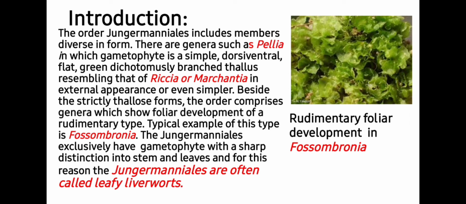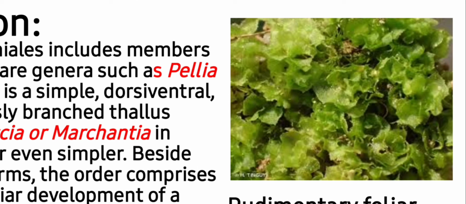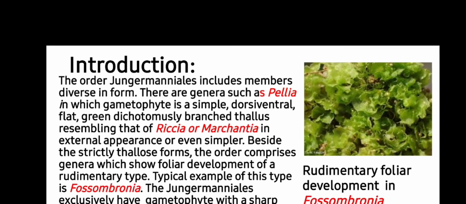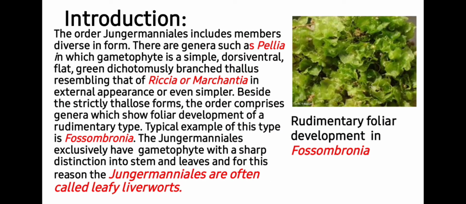Besides the strictly thallus form, the order comprises genera which show foliar development of a rudimentary type, and the typical example of this type is Fossombronia, as you can see in this image. So here you can see it is rudimentary foliose type.